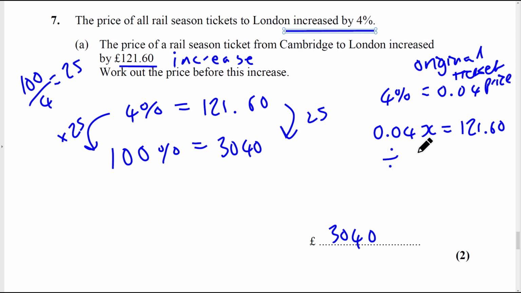So we just divide by 0.04, and you'll get x equals 3040 as well. That's just perfect, nice and easy.